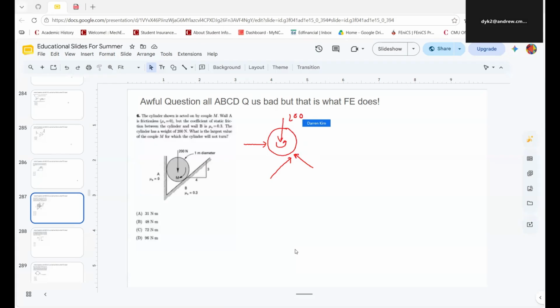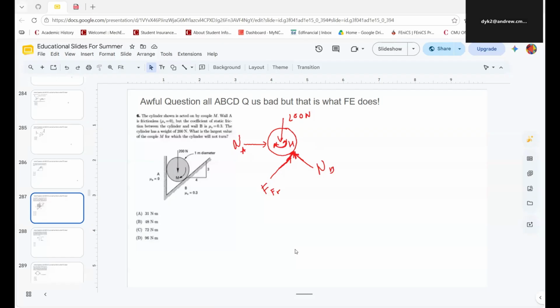The 200 doesn't really do much for the moment, and the perpendicular lines do nothing for the moment, but we need to figure them out to figure out the sum. We have normal A, normal B, a friction force, and an unknown moment which we have to figure out. So there are a few unknowns over here.